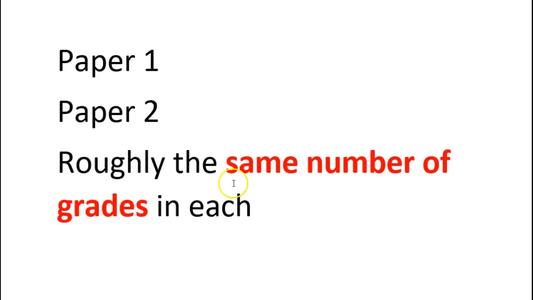So although the average number of grades is the same, it's not for the same people. So a lot of students get more marks in paper two because they try harder, whereas other students, about 20% according to my viewing figures, say, oh, this was just too hard, and they get lower marks in paper two because they just stop trying.